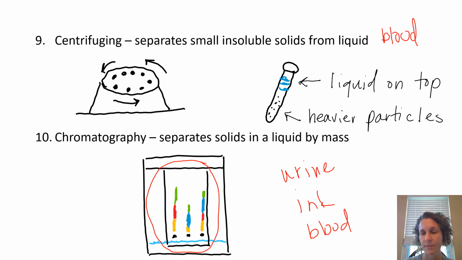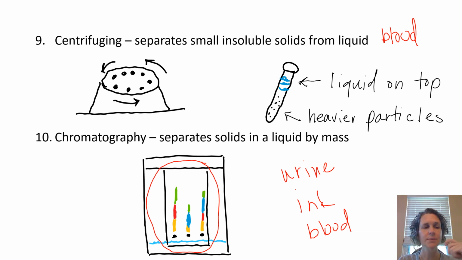Ink, for example, will separate out into different color bands. Black ink is made up of a bunch of different colors. And so from that, you could compare it to your original. It's one of the ways they do, using a similar technique but different substances, to test things like DNA, paternity type things.